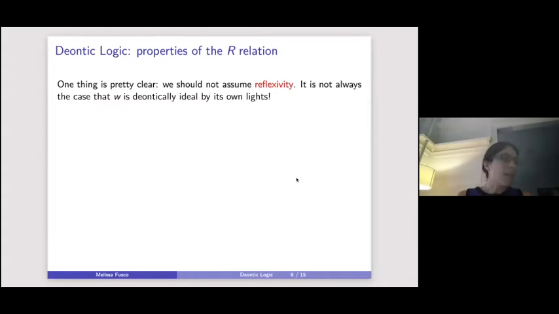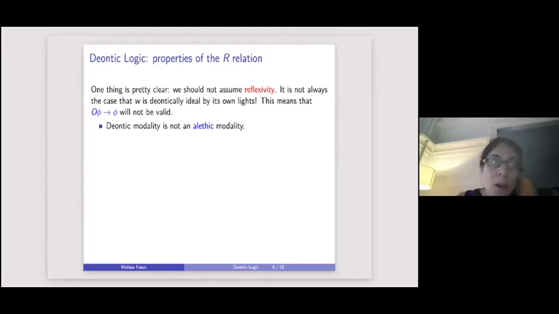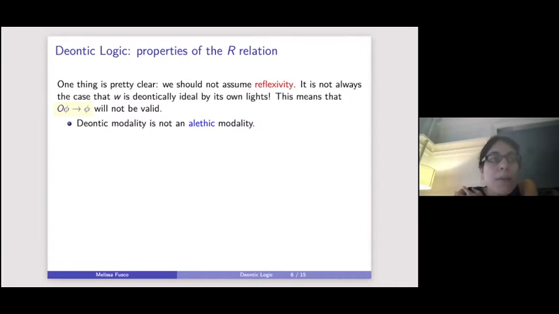And so it's not deontically ideal by its own lights. It's a world that does not see itself, that's not R related to itself along the deontic accessibility relation R. What that'll mean, of course, in the object language is that the axiom box phi arrow phi is not going to be valid, right? Here the box is ought, so ought phi arrow phi is not valid.